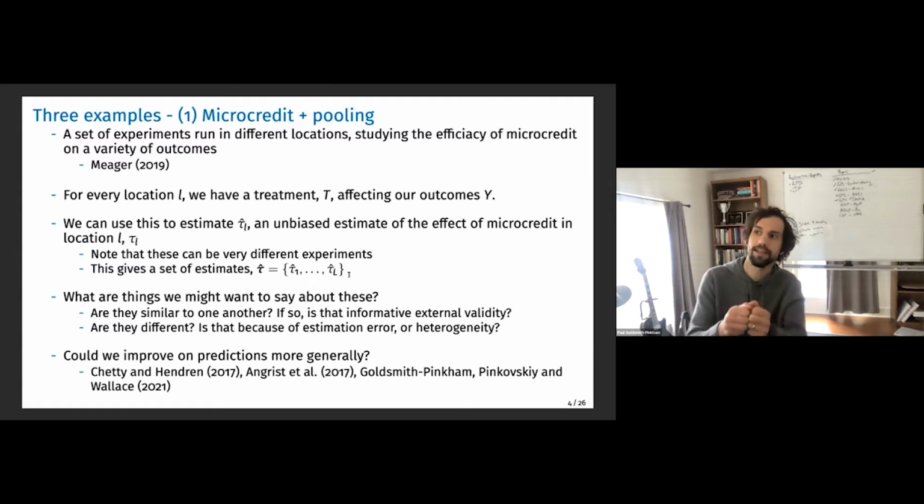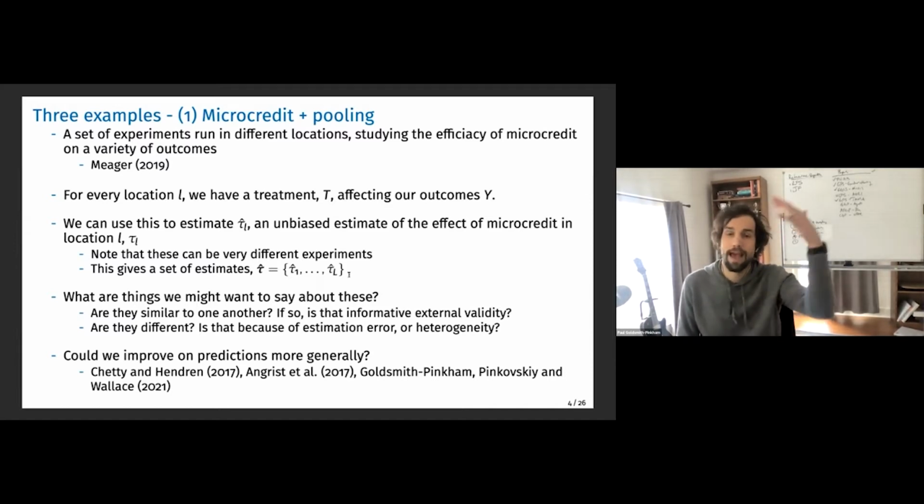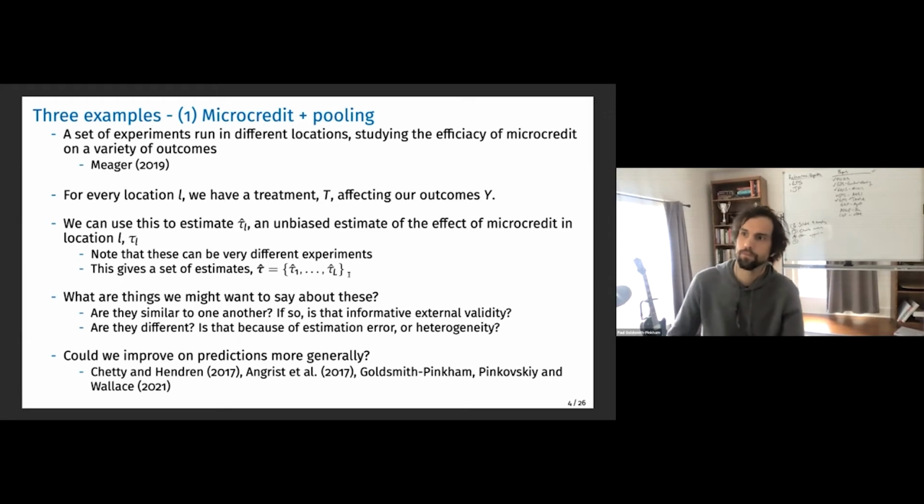That's a very meaningful question. If we thought about this happening in a lot of places, is it noise that's causing this, or is it just a lot of heterogeneity? And then more generally, can we improve on these predictions?